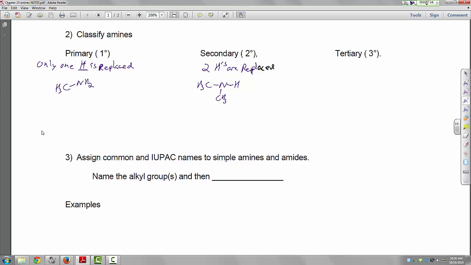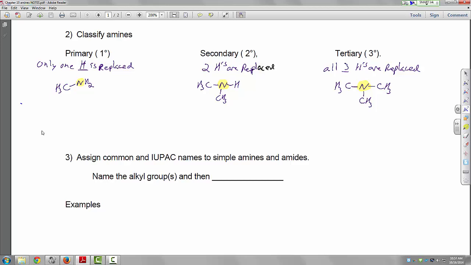Tertiary amine, all three hydrogens are replaced. So there are no hydrogens left, we just have three carbons, three alkyl groups attached. Now the thing to note here is that when we classify these as primary, secondary, or tertiary, we are looking at the nitrogen.